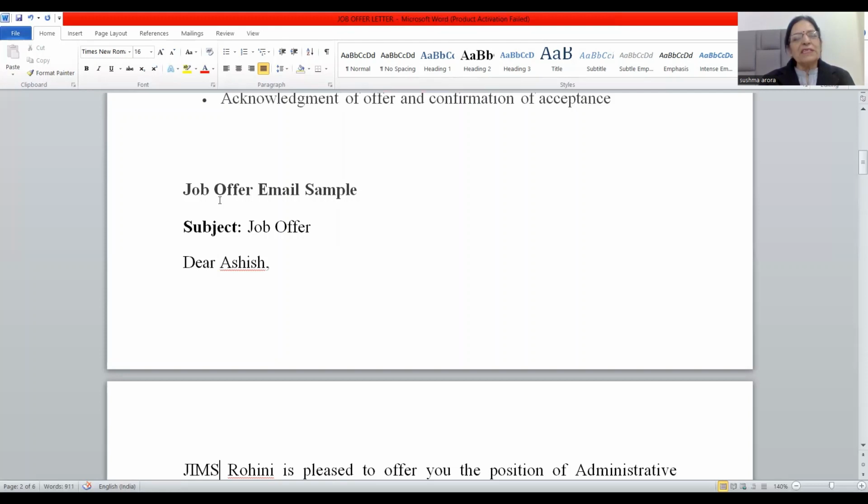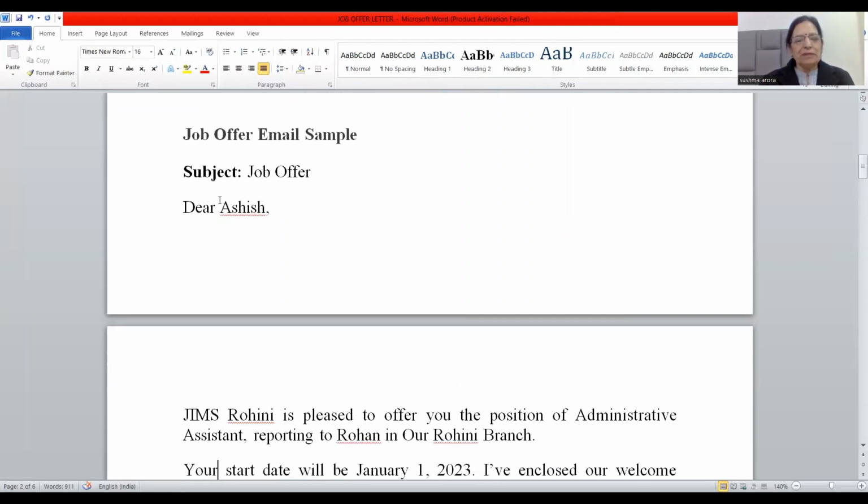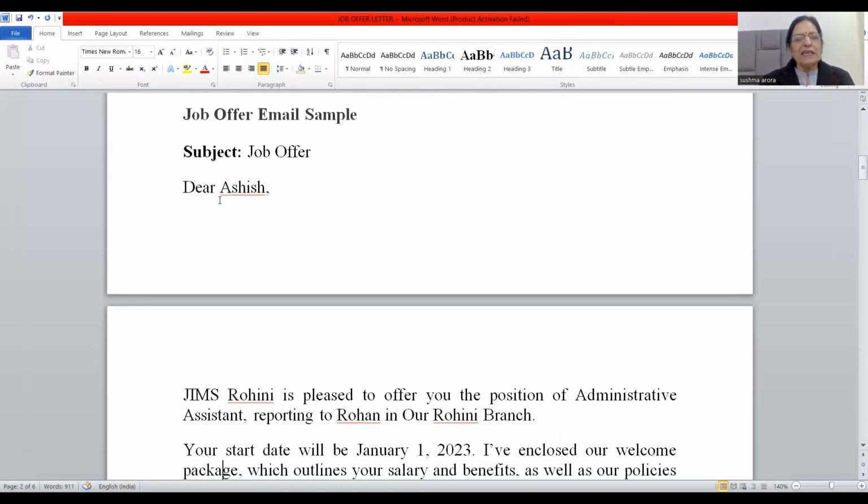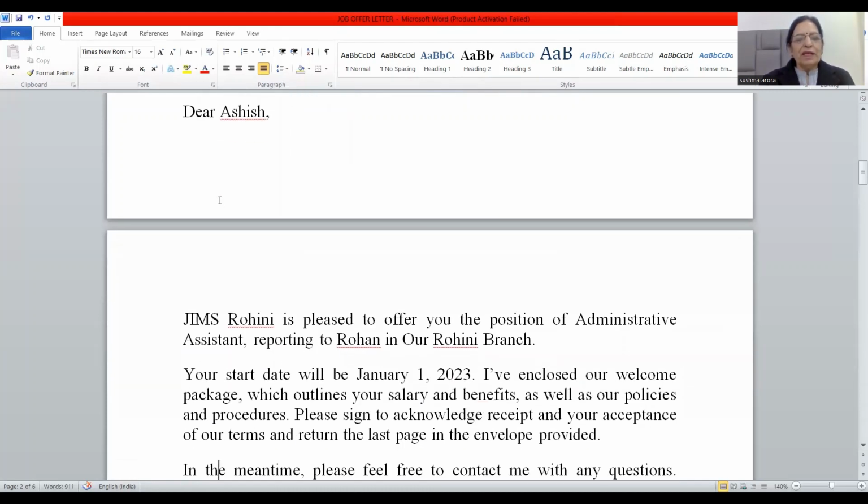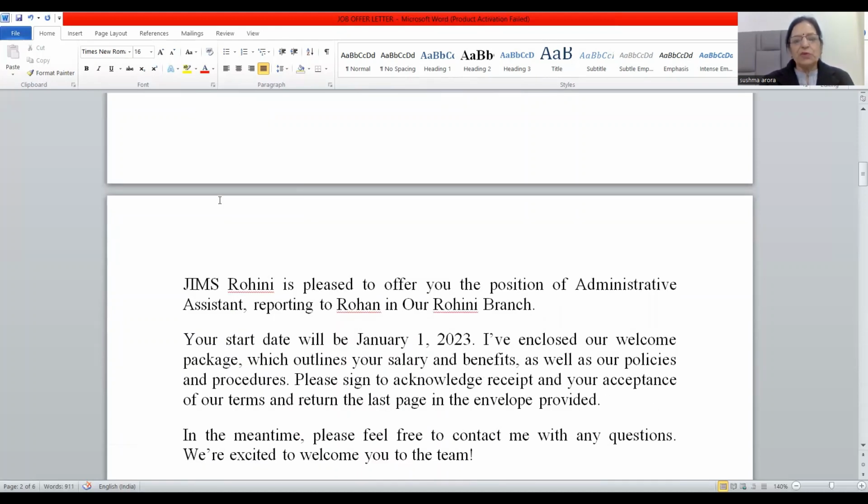And now coming to the sample, friends, there's a job offer email sample. This job offer has been sent by mail. Dear Ashish, so James Rohini is the employer. James Rohini is pleased to offer you the position of administrative assistant reporting to Rohan in our Rohini branch. Your start date will be January 1st, 2023.